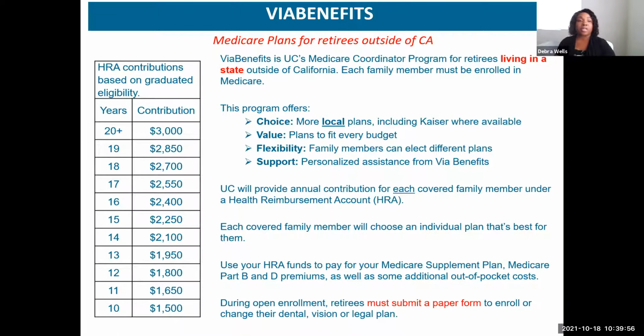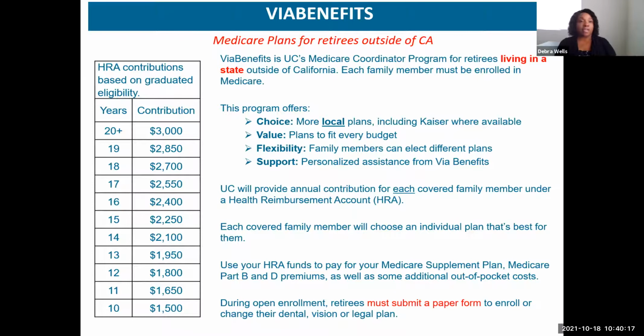Each family member is an individual. And in the state of California, if you're a retiree and you enroll in, say, Kaiser Senior Advantage, all family members must be in Kaiser Senior Advantage.